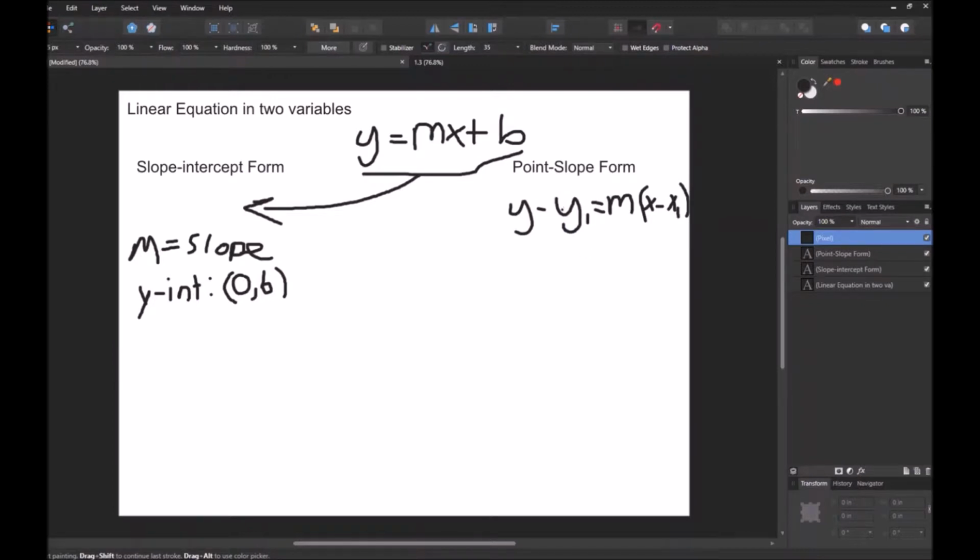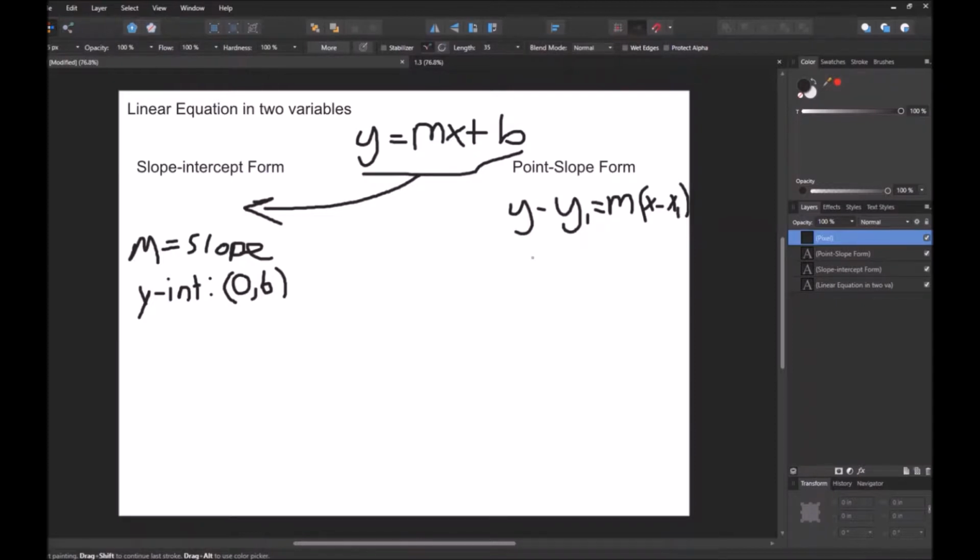So usually in this type of thing, we would be given the slope, and we'd be given an x and a y value, and so we would plug that slope in for m, and then we would plug the x1 and y1 values in here, and it would ask us something like write it in slope-intercept form or something like that.